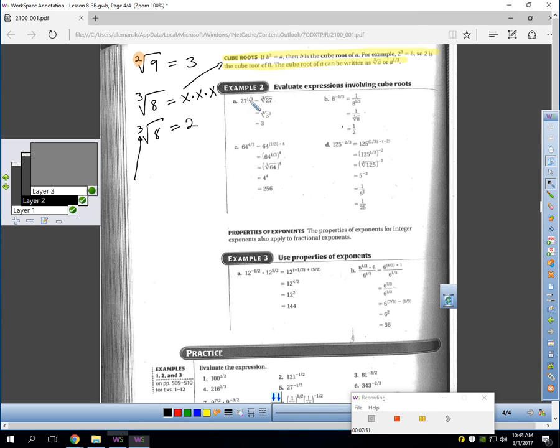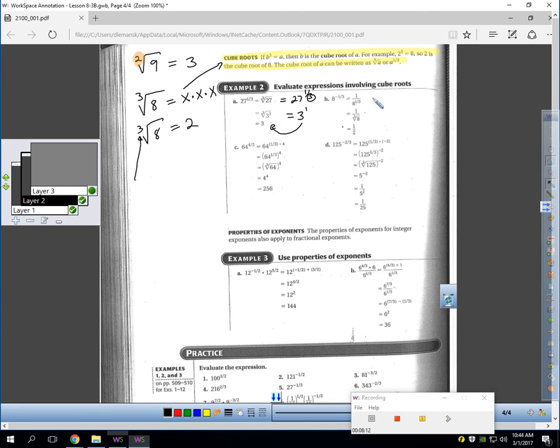Like here, 27 to the 1/3 power. That means I want to take the third root of 27. So what times itself is 27? Well, 3 times 3 times 3 is 27. So I'm getting 3. The cube root of 27 is 3, and I have to first power that. 3 to the first power is 3.